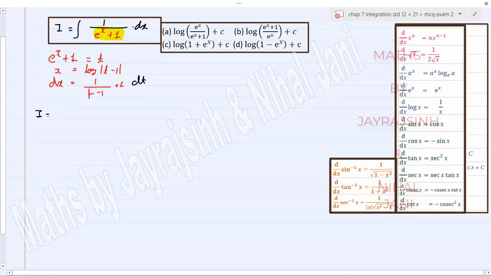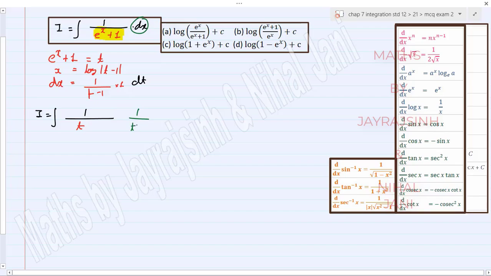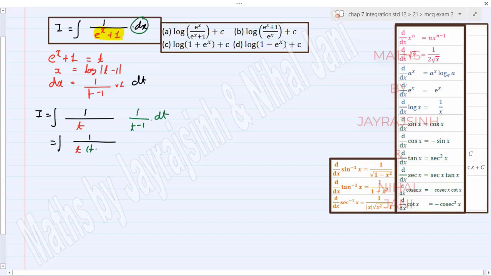So we are ready to modify our integration. This 1 upon e raised to x plus 1 will become your t, and your dx will become 1 upon t minus 1 dot dt. So here we get integration of 1 upon t into t minus 1 dot dt.